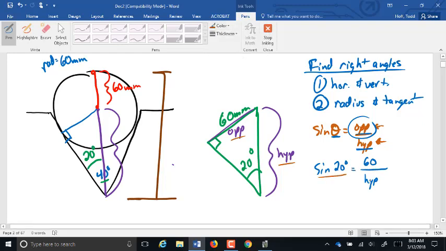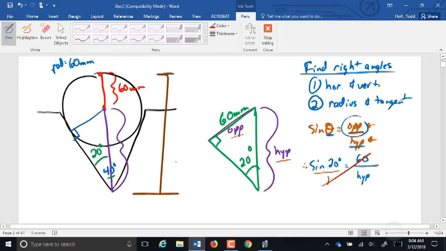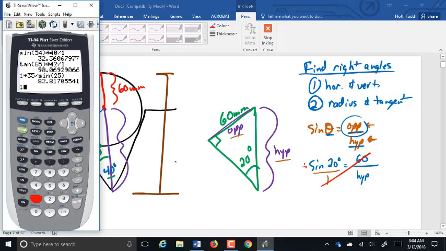Now I'm looking for one of the sides. I have the angle. So I'm going to make that into a proportion. So I put the trig function over 1 so that I can cross multiply and divide. 1 times 60 is 60 divided by the sine of 20. 175.43.